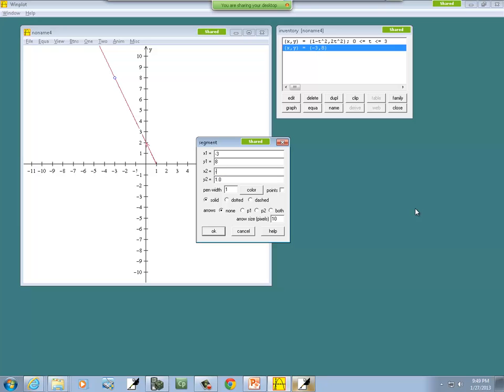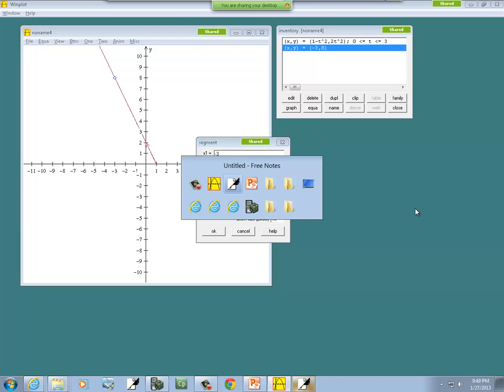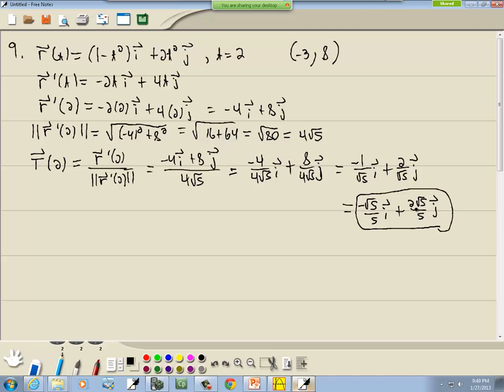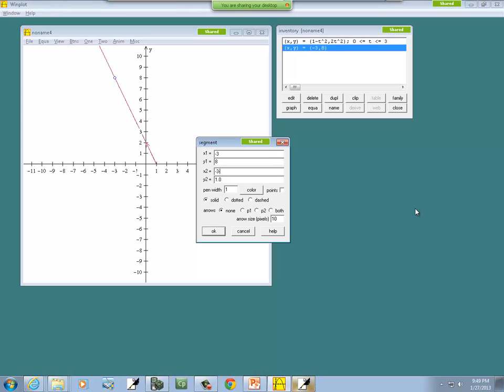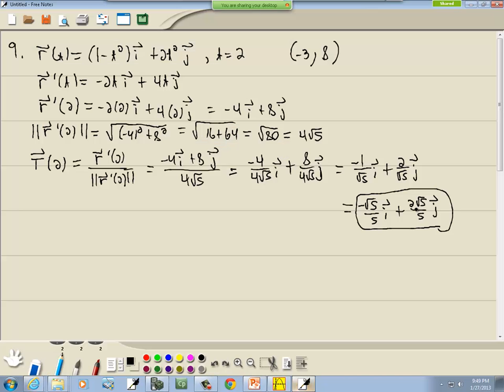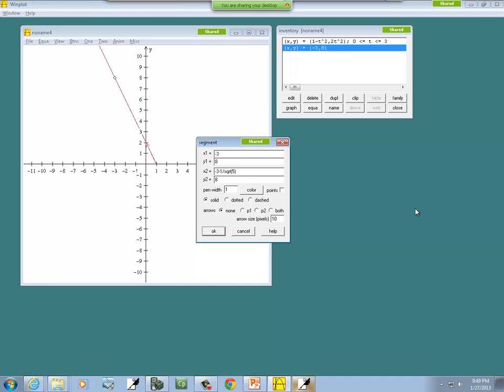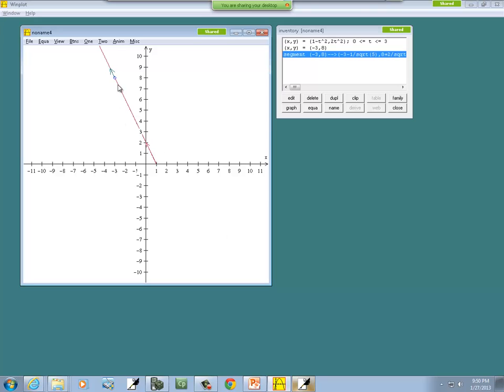Then x2 will be negative 3 minus 1 divided by square root of 5, and this will be 8 plus 2 divided by square root of 5. Then I'll put an arrow at P2, make the arrow size 14, and click OK. Okay, so that's what that looks like.